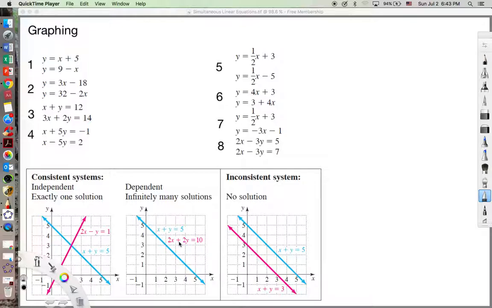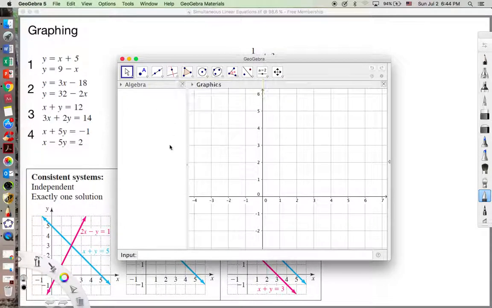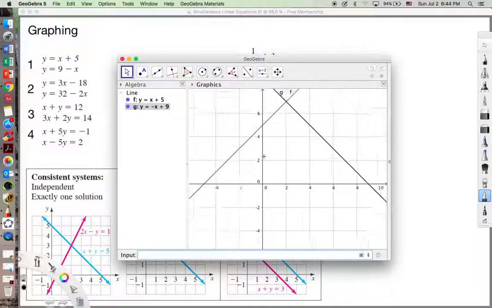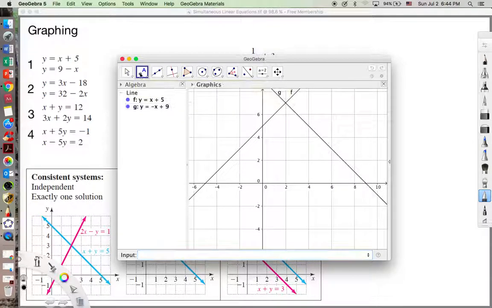Let's take a look at the graphing method to solve some simultaneous equations. Our first pair here is y equals x plus 5, and then y equals 9 minus x. And you can do this on a graphing calculator, or I'm using GeoGebra.